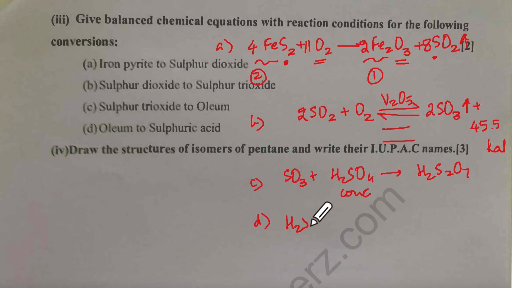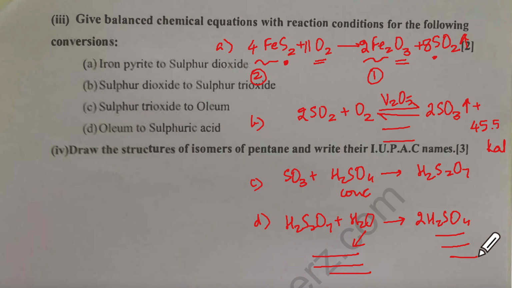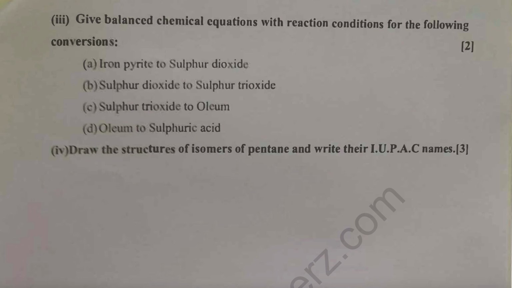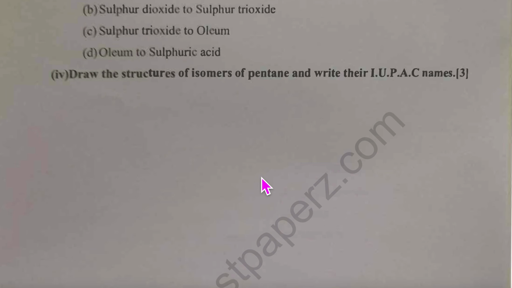Remember this, in the other exam also we wrote this. That gives 2H2SO4. What did I tell you to write over here? Requisite amount of soft water and of desired concentration. Do not ignore this, okay? Half mark each.